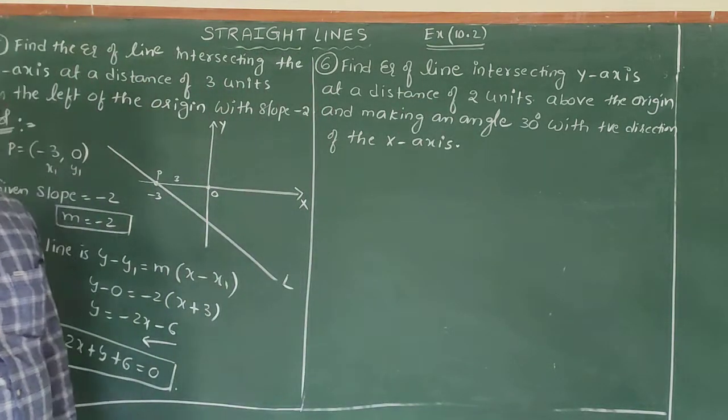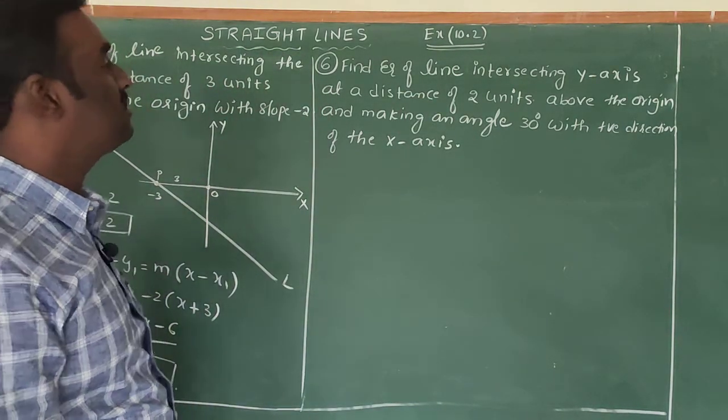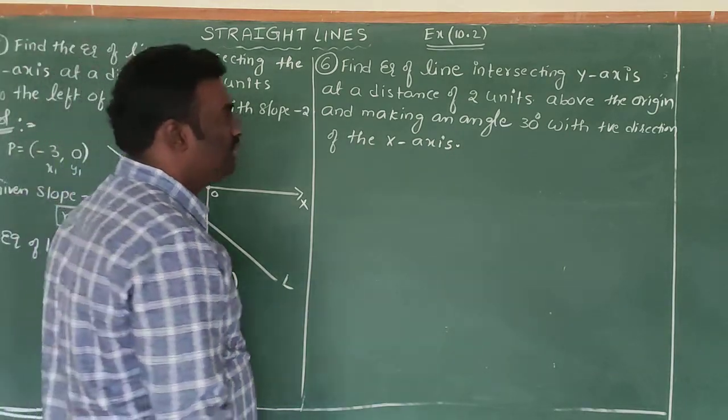So this is the question. Find the equation of straight line which intersects y-axis at a distance of 2 units above the origin.